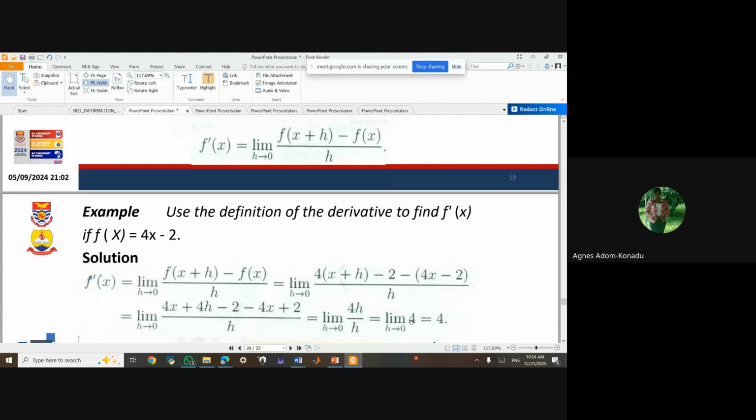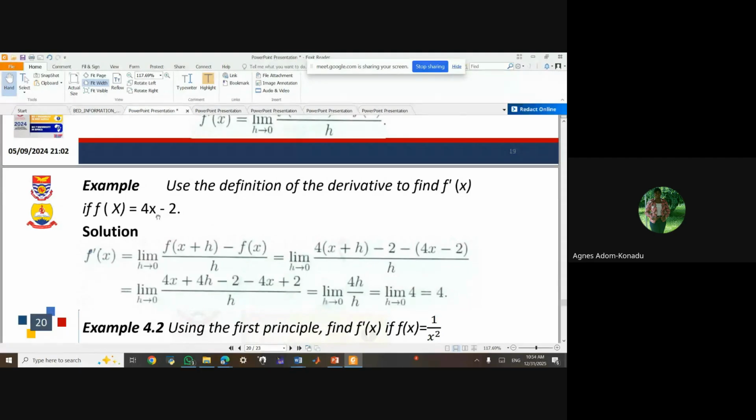The limit of a constant is the constant, so this will give me 4. So using the definition of derivative, which is also known as the first principle of differentiation, the derivative of f of x equals 4x plus 2 is 4.